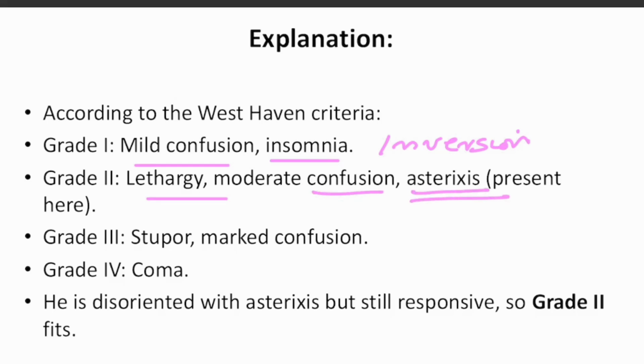In this patient, there is asterixis. In grade 3, there is more marked confusion, asterixis can be there, and in grade 4, there is coma. So, definitely this patient has grade 2 hepatic encephalopathy. Whenever you get hepatic encephalopathy, try to grade it.